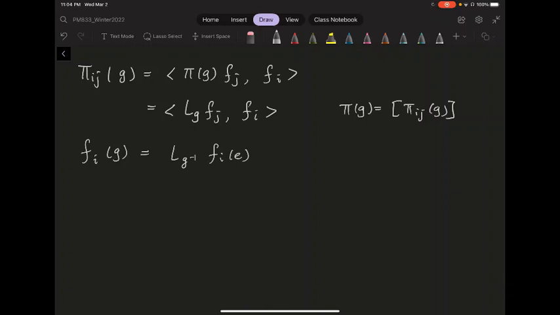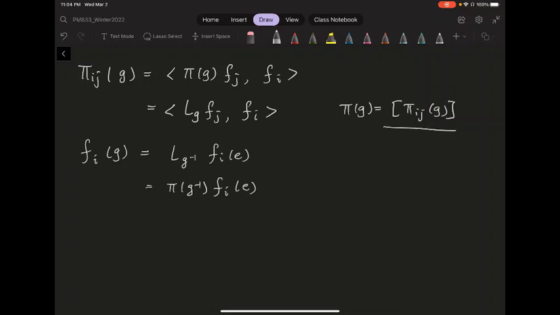So what is the L of G inverse? Well, because Fi is in this H alpha and the L restricted to this becomes pi, this is essentially just pi of G inverse evaluated at Fi, and this is evaluated at E, okay? If you think about this pi in its matrix form, you take the ith basis vector, and you use the ith column to multiply the corresponding Fi.